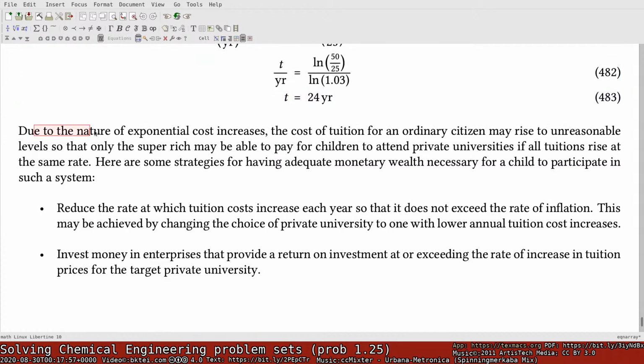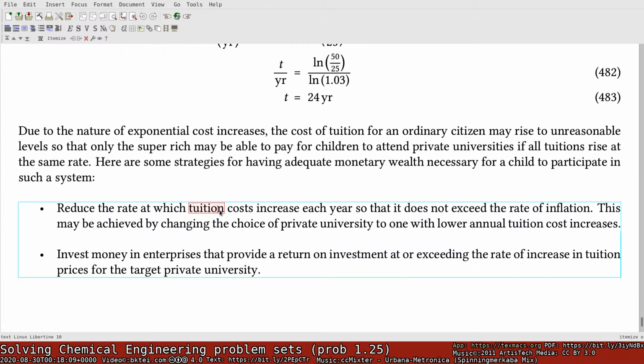Regardless, I then answer the question about strategies to pay for attending a private university. One strategy is to just reduce the rate: choose a different private university that's lower cost. Certifications and other means of learning skills and networking with people seem to be what I personally think are going to be the future.